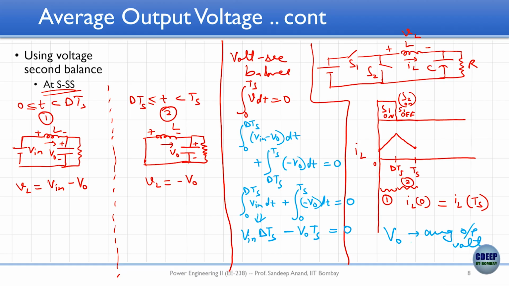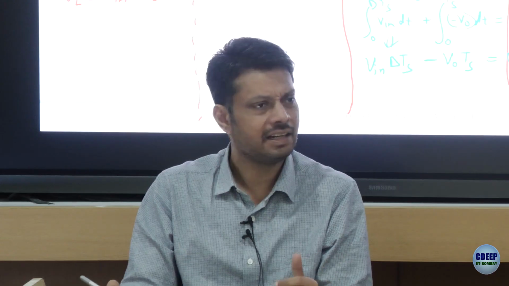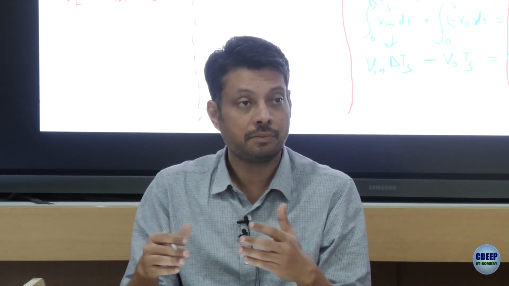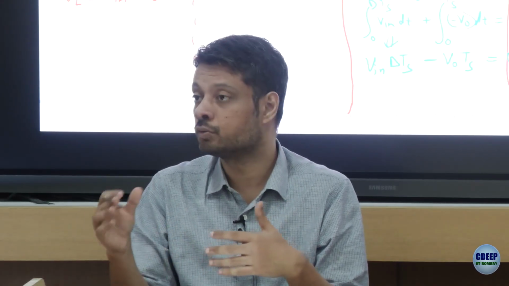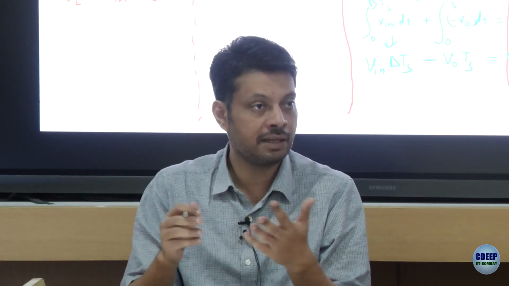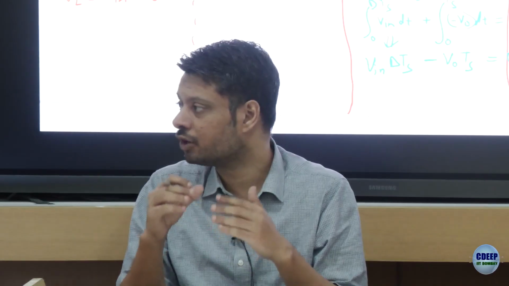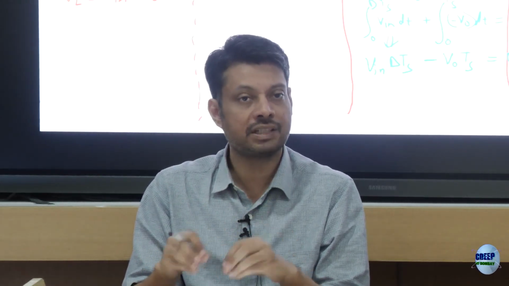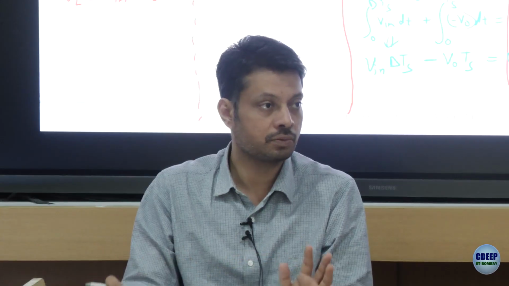So V naught is nothing but the average value of output instantaneous voltage over a period of Ts. That's it. Need not necessarily be constant. It may be oscillating, it may have some ripple. In fact, it will have a ripple, because you are doing on and off switching, so output voltage will have a ripple. We did take a small ripple approximation, which is fine, but nevertheless it would have a ripple. So it need not be constant for this expression to be true. The input voltage has to be constant for this expression to be true, right?